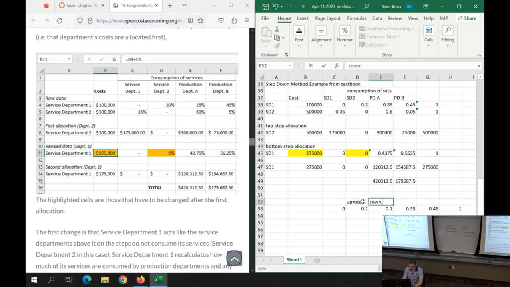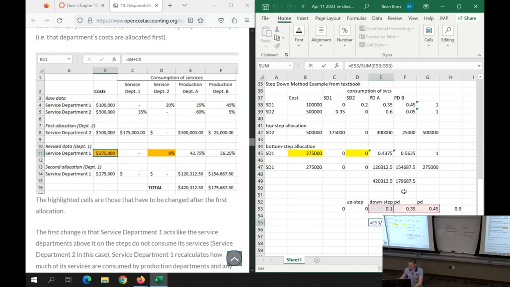This is our down step 1. This is a production department. This is a production department. Then you would say, well, we had to zero out the up step 1. And now the ones that count are these right here. Makes sense what I did right there?